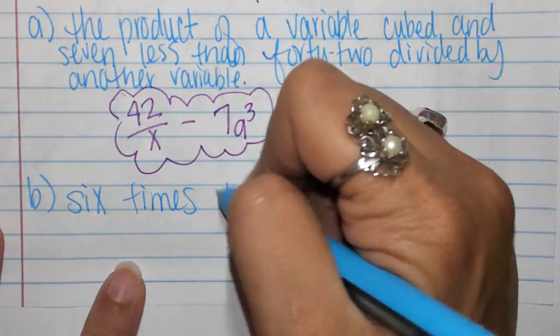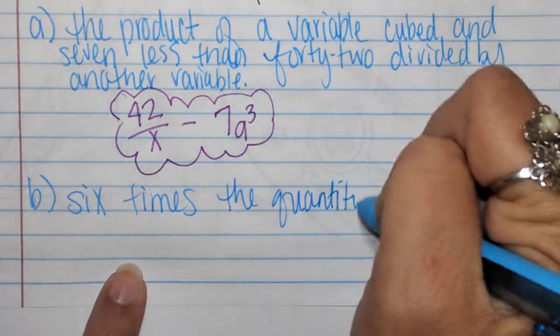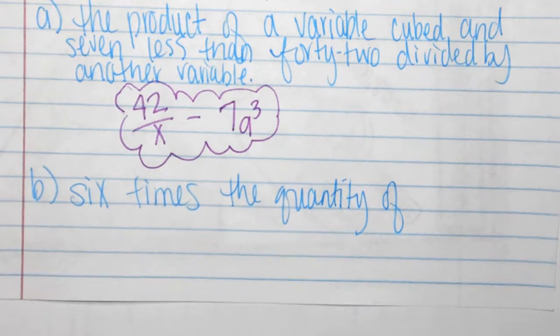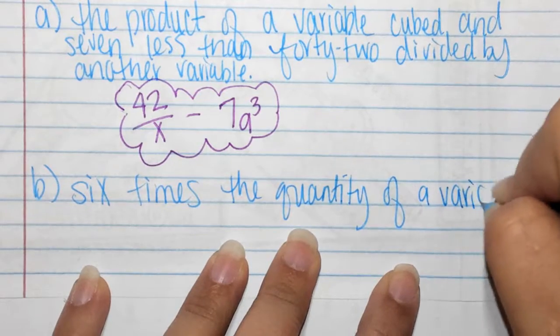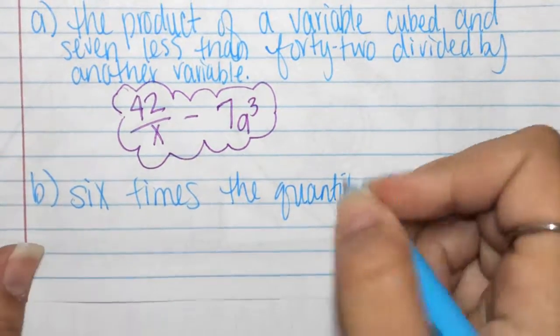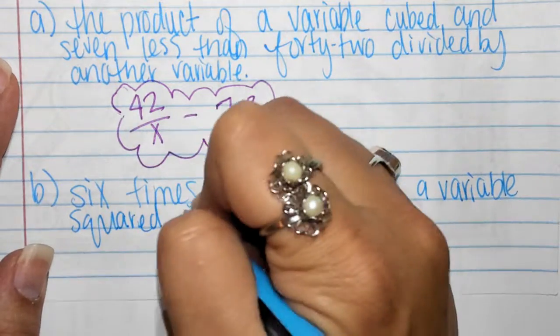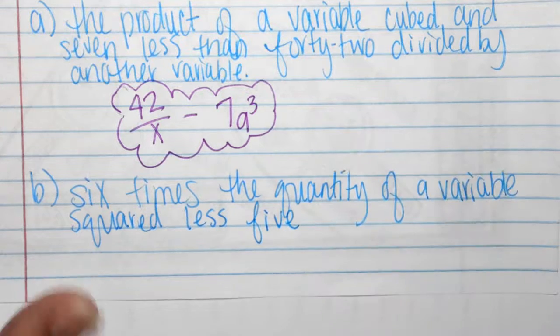6 times the quantity of a variable squared less 5.